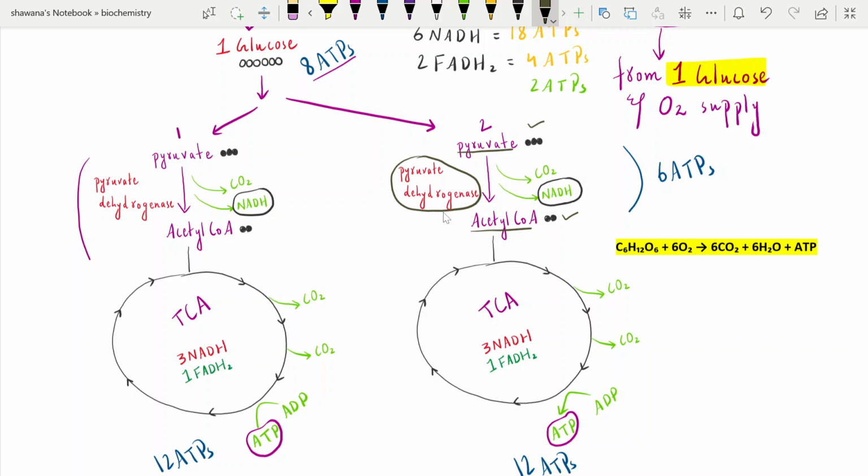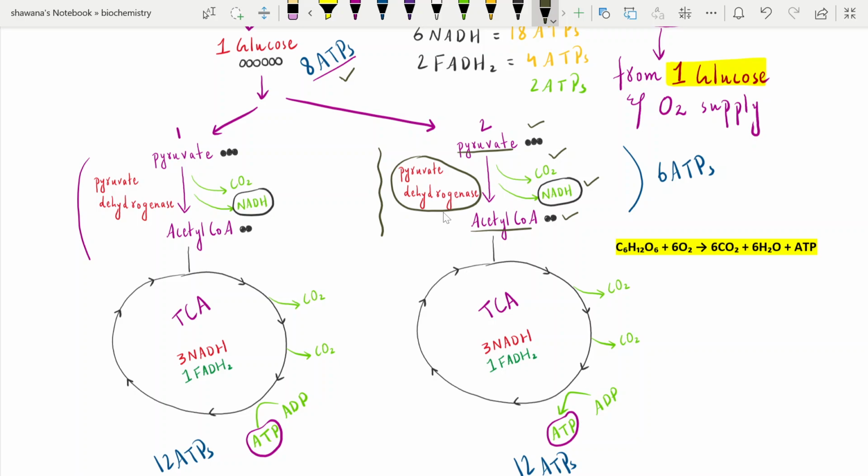One carbon is puffed out as carbon dioxide, right? And dehydrogenation means that hydrogen is also being removed from here. That hydrogen goes to NAD positive and NADH is formed. So in glycolysis we have yielded 8 ATPs, and before entering the Krebs cycle we have this energy involvement phase.